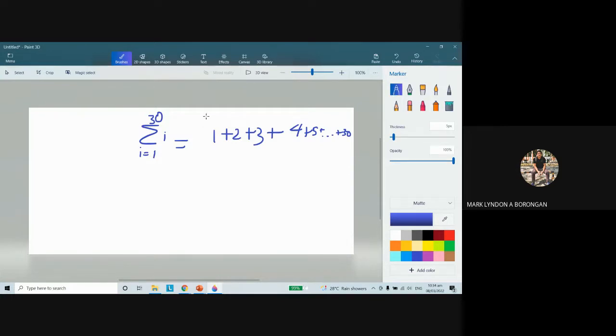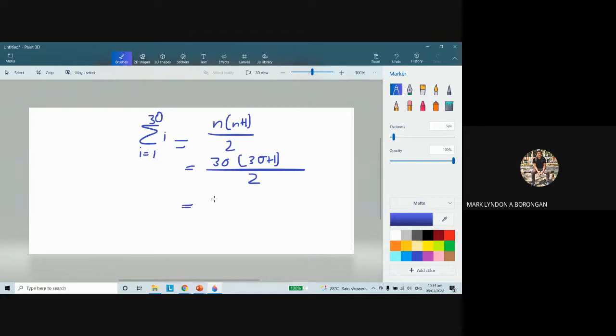That is why property number 4 exists. This is for larger numbers. Our formula is just n times n plus 1, divided by 2. So for 30, we write 30 times 30 plus 1, divided by 2.